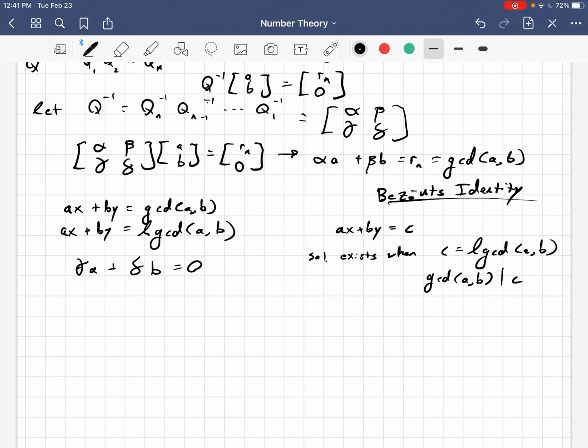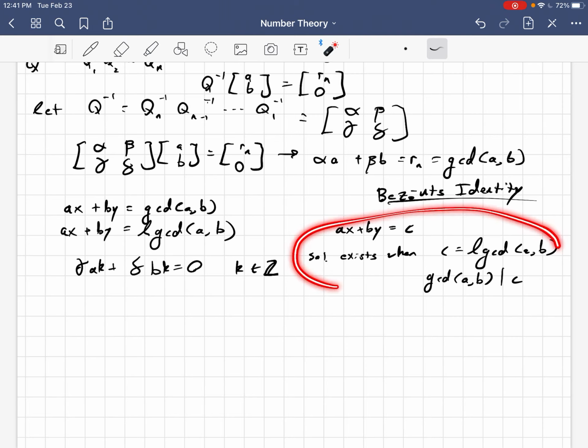And so that tells me that if I were to multiply by some constant k right here, it'd still be equal to 0 for k an element of the integers. Then that tells me that this before was a particular solution.